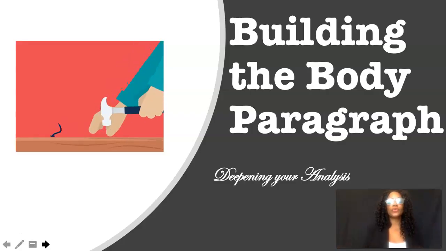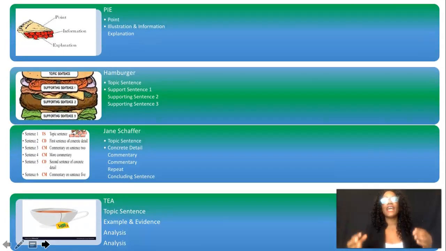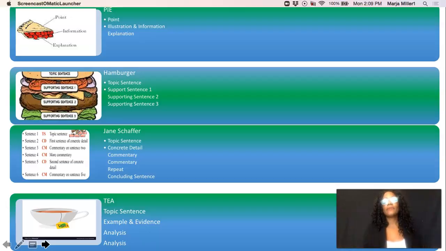So let's start with some of the acronyms you may have been exposed to over your academic career. Now, keep in mind that although these are different acronyms, they really are all communicating the same information, just in different ways. So as a writer, you have to decide for yourself which one of these you most resonate with.